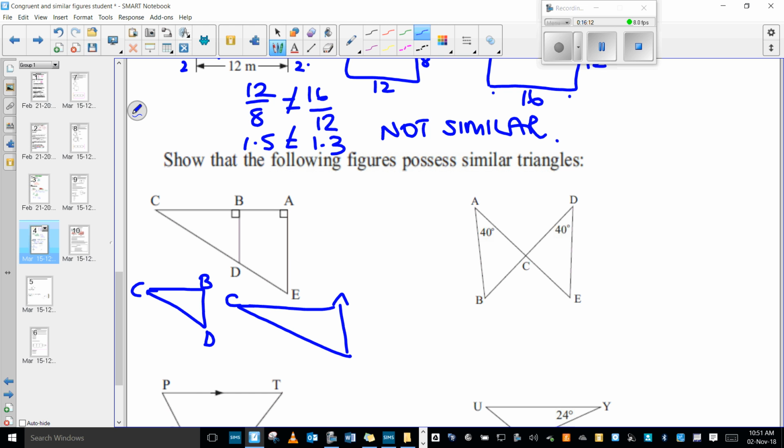Okay, and there's our right angle. Now, for this diagram here, it may be worth just showing that. We've got two triangles. What's my top point going to be labelled for both of them? C. Nice. So sometimes it's easier to work this way.